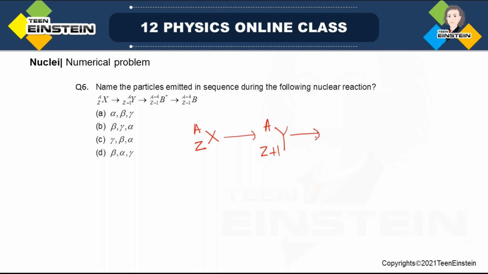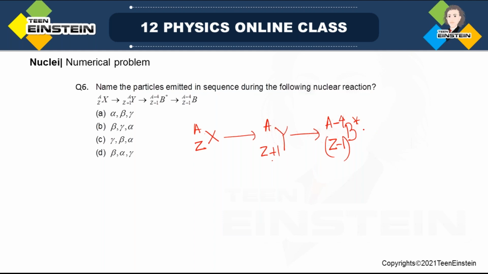Then again some particle decay is happening, because of which the nucleus Y transforms into a new nucleus that has mass number A minus 4, and atomic number is reduced by 2.